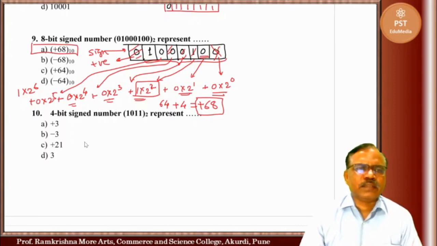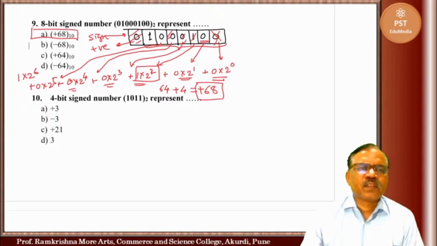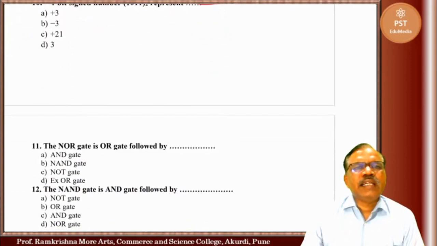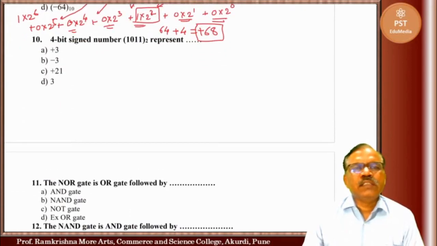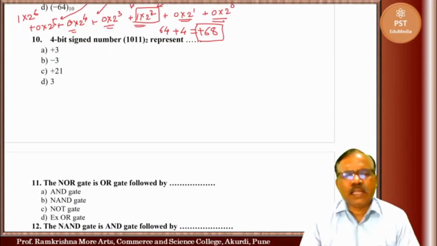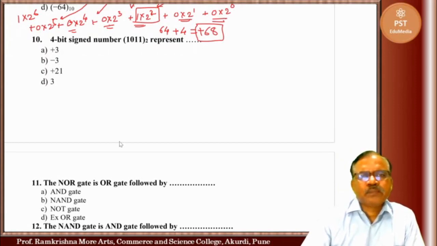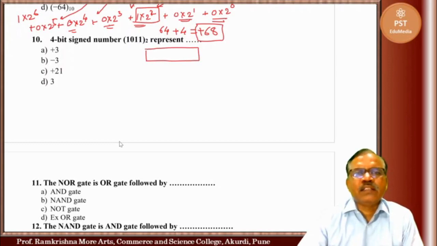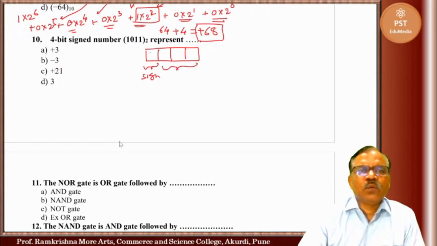Now next one, 4-bit signed number 1011 represents. So here if we take a 4-bit number and it is signed one, so here of the 4 bits, this bit is reserved for sign and the rest is for the number. So here number is given 1011.